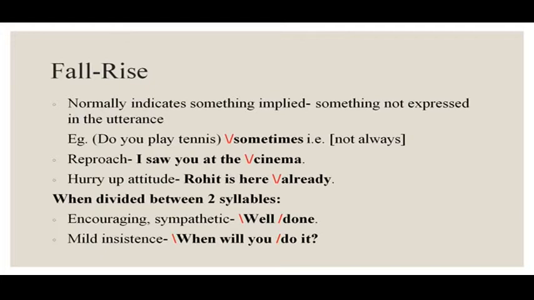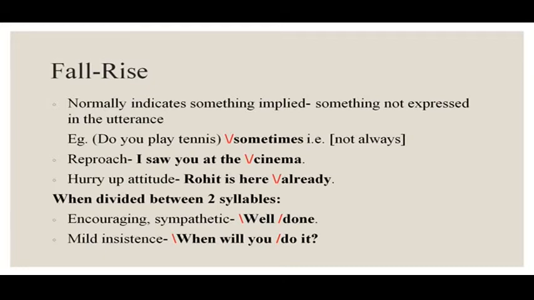Say, for example, if somebody asks a question, do you play tennis? And your answer is like, I do, but not really always. So you use the word sometimes along with the fall rise tone, which would indicate that it is only sometimes and not always that you prefer playing tennis. So the word would be articulated something like sometimes.